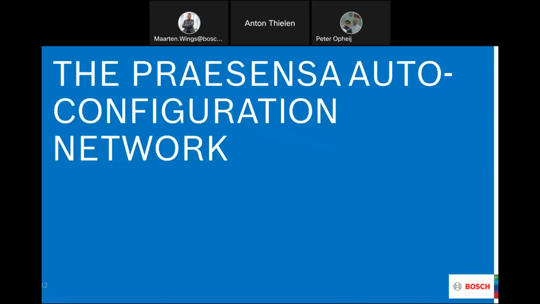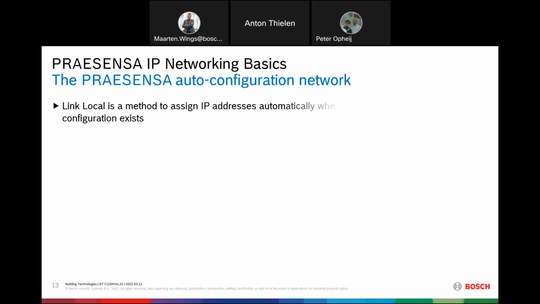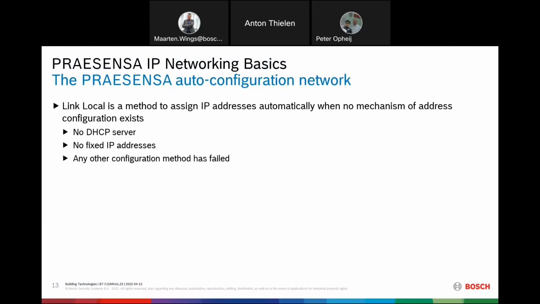So the autoconfig network. In case no DHCP server is there, a link local is that method to assign IP addresses automatically when no mechanism of address configuration exists. So there is no DHCP server, no fixed IP addresses are there, and any other configuration method might have failed, then it goes into a link local.